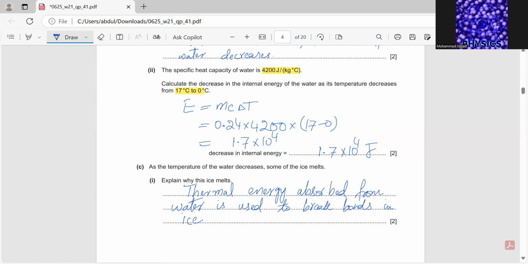So thermal energy absorbed from water is used to break bonds in ice and it melts. That is enough for the marks.